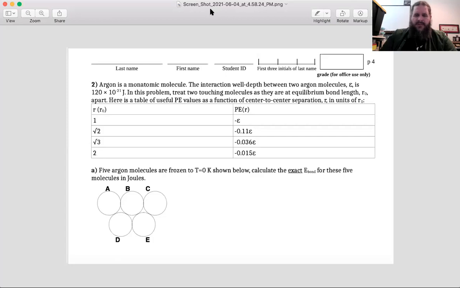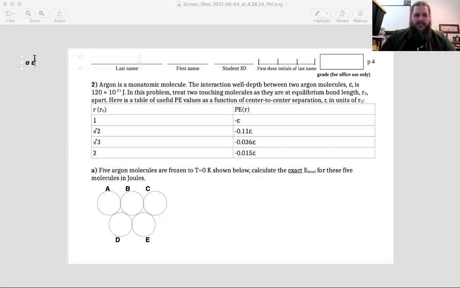Like what would be some examples of bonds we would want to include? Like bonds from where to where? I mean, just in the sense of what would be examples of particles that are bonded together here?